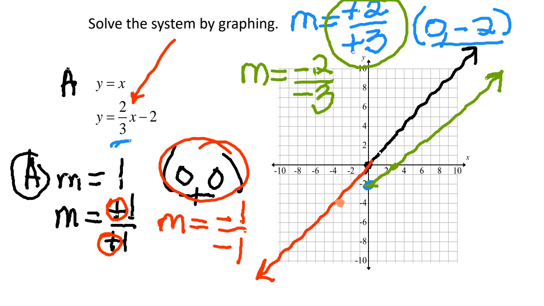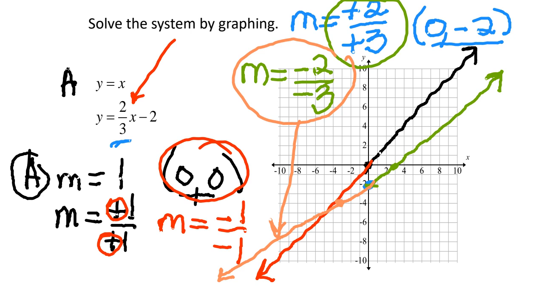There's my orange part. This is sending me in the orange. This is sending me in the green. One is going right, one is going left.